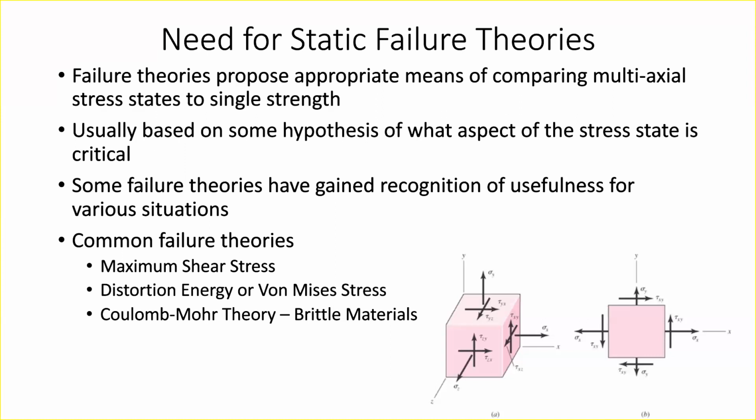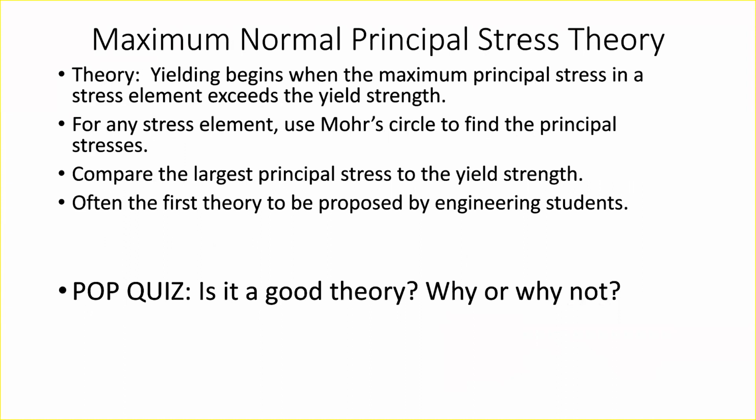If I'm pulling the part away from itself, then it's going to initiate a crack at that point of stress and separate. Whereas if I'm pushing it together, it's not going to develop the crack. You can't really develop cracks in compression. That kind of intuitive difference between compression and tension isn't something you get by doing those hand calcs I was alluding to earlier. And that's where these failure theories come into play.